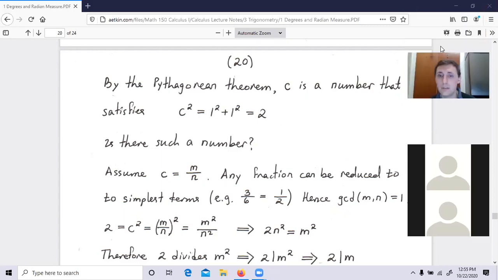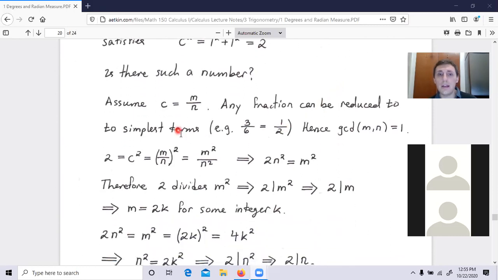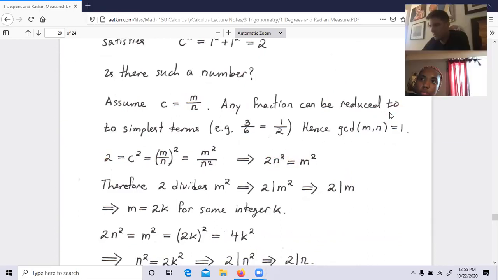Good. Now here, guys, let's see. If I square this number, I get 2. Square this number, you get 2. And squaring this number is m squared over n squared. And if I multiply by n squared both sides, I get that 2n squared is equal to m squared.